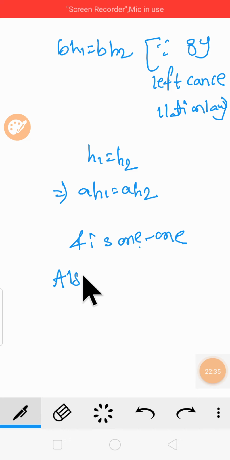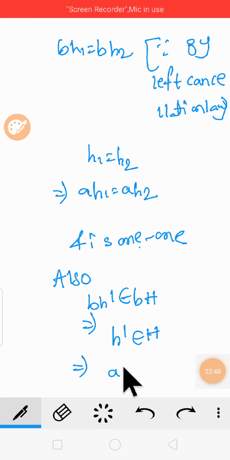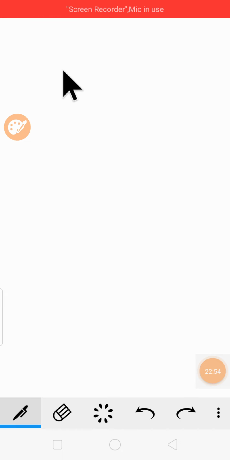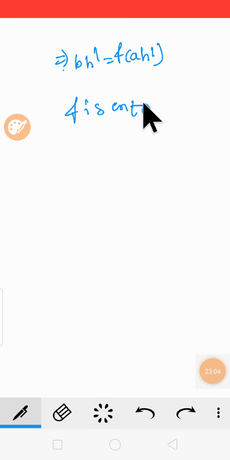Also, b h' belongs to bH implies h' belongs to H, implies a h' belongs to aH. Multiplying with a, here b h' equals f of a h'. f is onto.